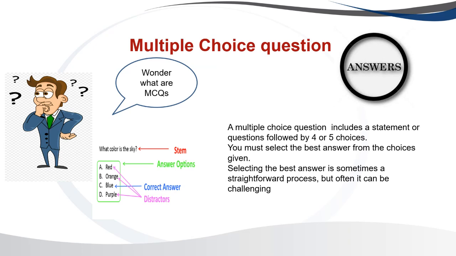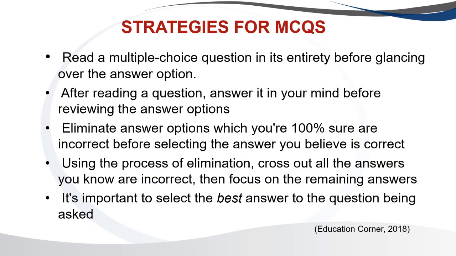Now, at UNISA, because we want to protect the academic integrity of your assessments, we have resorted to what we call randomized MCQs. This means that every student will get different questions, because we do not want students to pass on answers to their peers or colleagues.